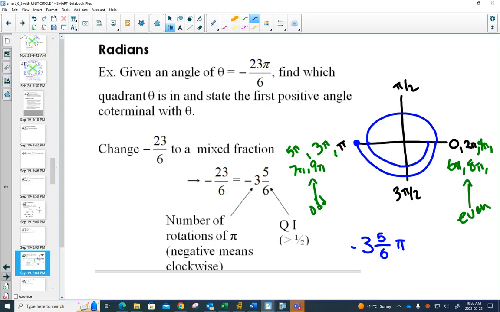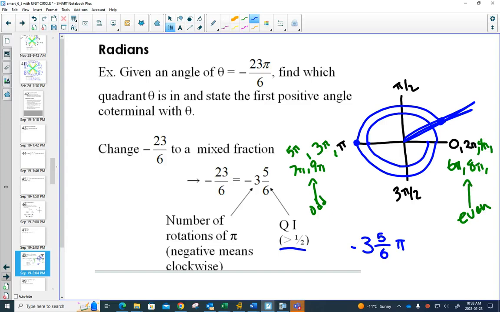I now need to keep going and do another 5/6. Can you see that the 5/6 part is bigger than a half? So I need to go more than halfway. I will end in quadrant 1.